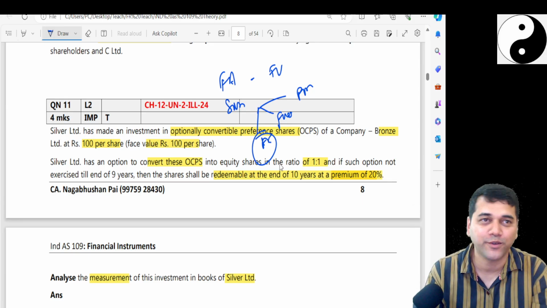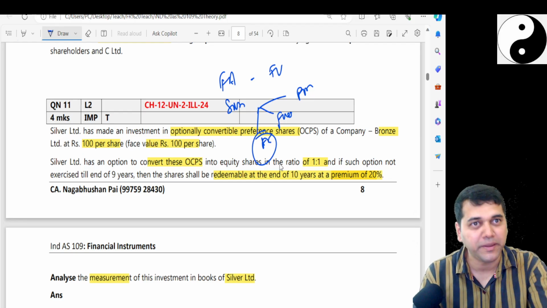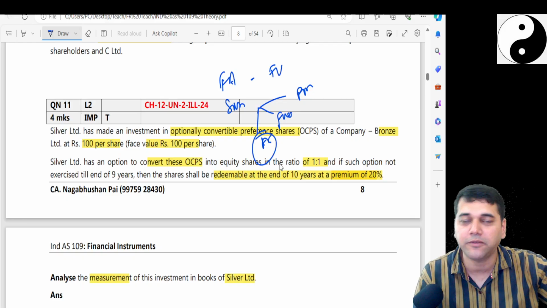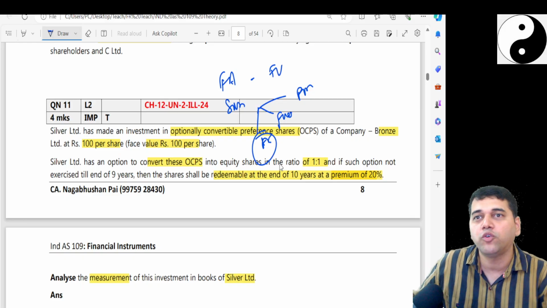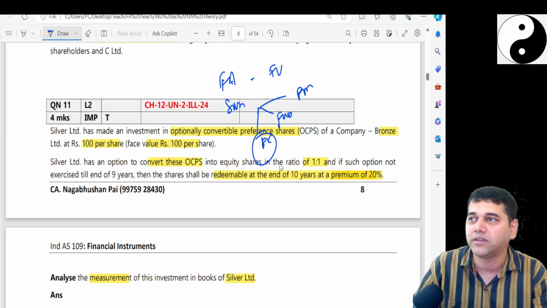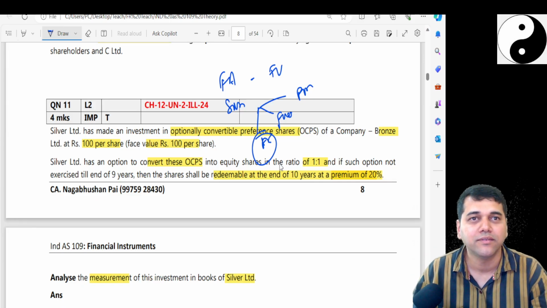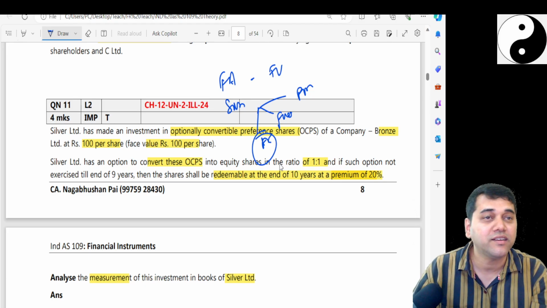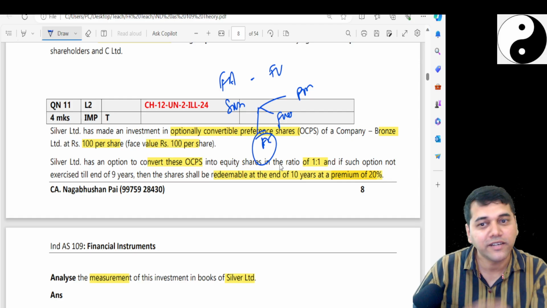They may convert also. So will it pass the SPPI test? It doesn't pass. See, if something doesn't pass the SPPI test, then the business model of hold to collect is not applicable. Where will it land up? FVTPL. Is it an equity share or a preference share right now?